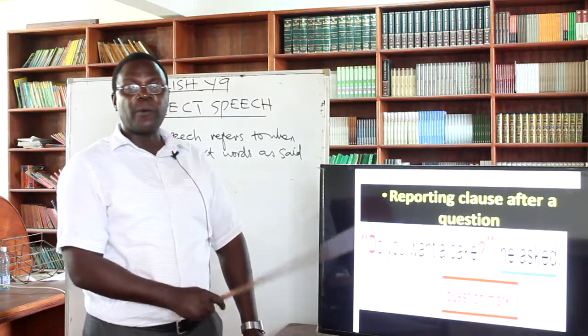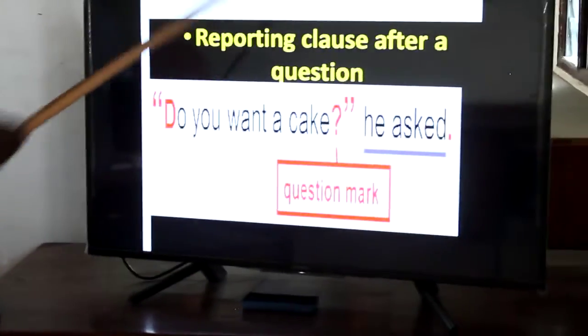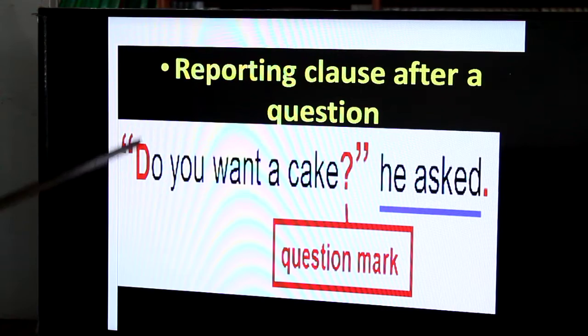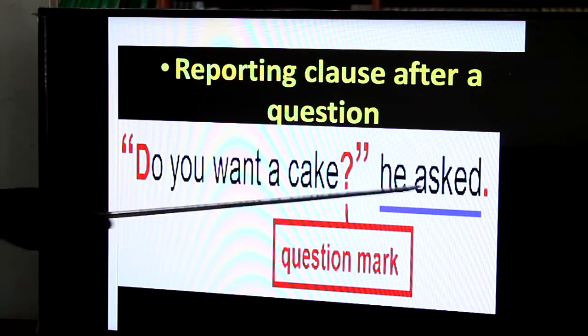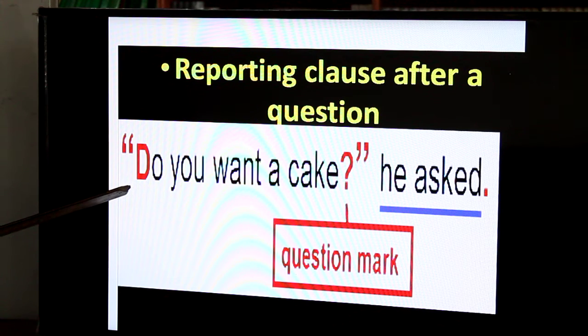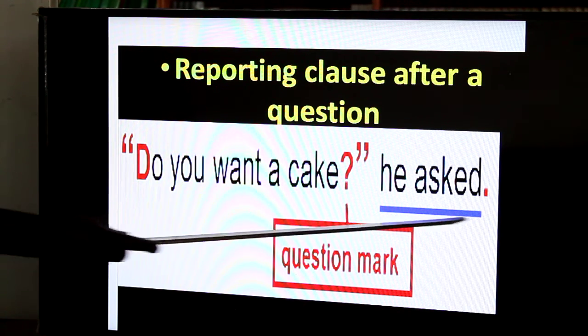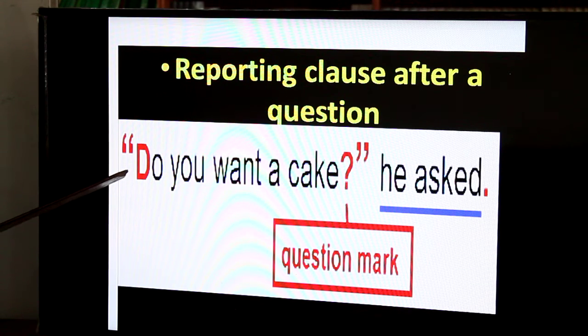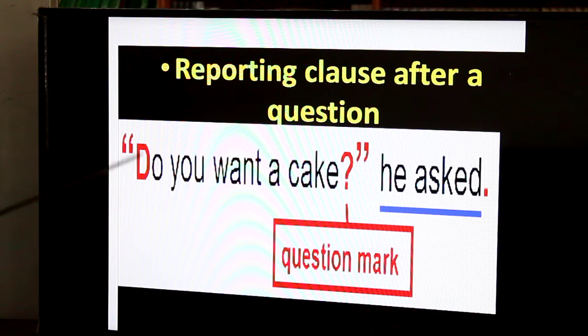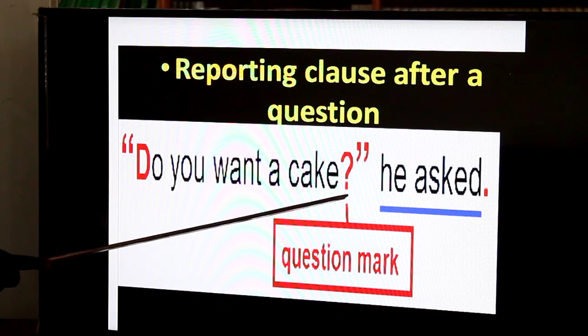This way. Reporting clause after a question. "Do you want a cake?" Remember, this reporting clause was at the beginning in the previous example. Now we have the reporting clause after the question. Open, capital D, end with a question mark.